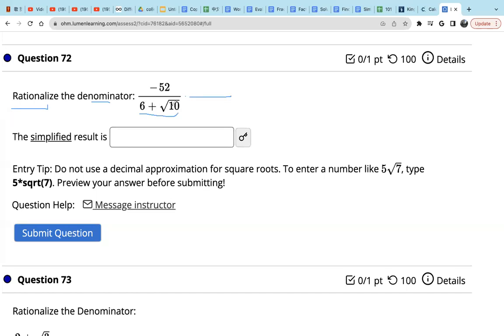Here we have 6 plus radical 10. We want to multiply by 6 minus radical 10. A plus b times a minus b. And we do the same for the numerator, because to keep the simplified expression, we can only multiply by 1. This 1 is a transformer. It is anything divided by itself.